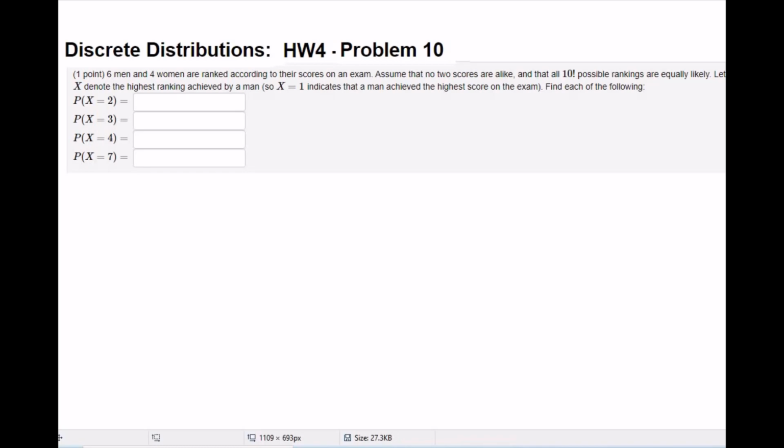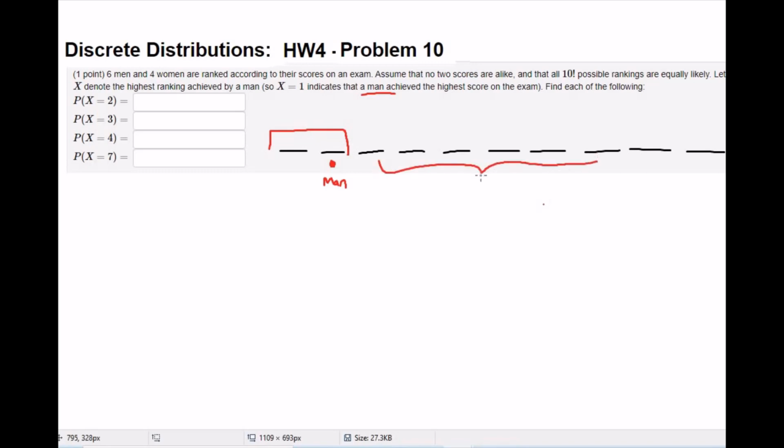So here our situation is we have 10 coordinates, 1, 2, 3, 4, 5, 6, 7, 8, 9, 10. So the probability that x is equal to 2 means that the second coordinate is a man. That indicates the highest score achieved by a man. So for this, all we care about is the first 2 ranks, and we don't care about the rest.